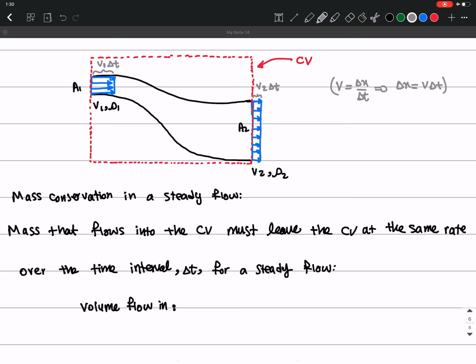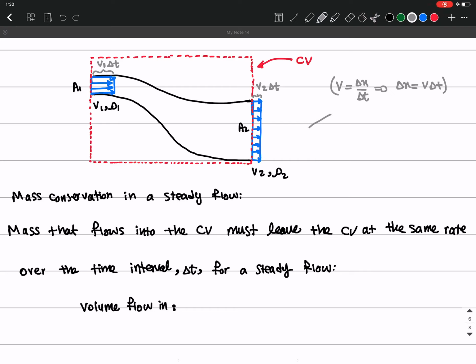Now you want to calculate the volume of the flow that comes in. This can have any section, so it can have any area. It could be a circular channel or a rectangular channel, but we know the area of that, right?